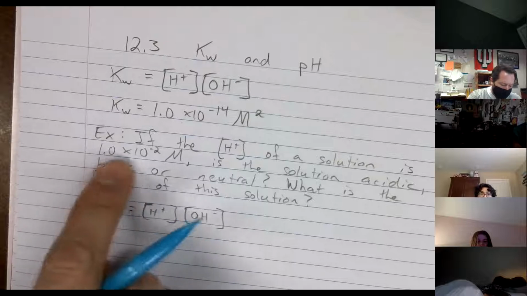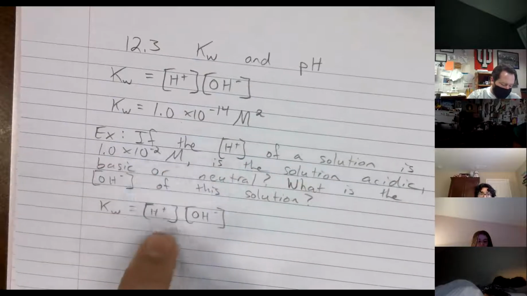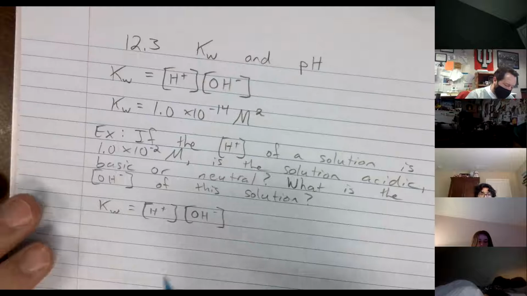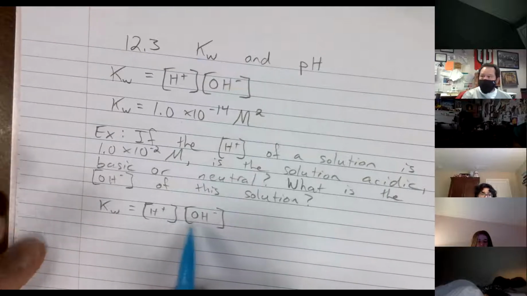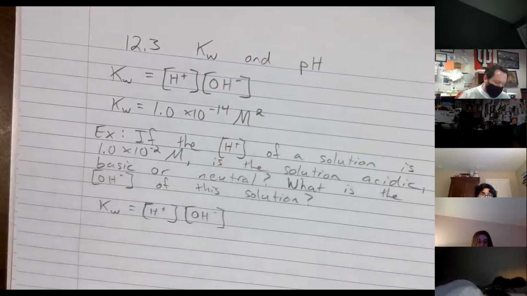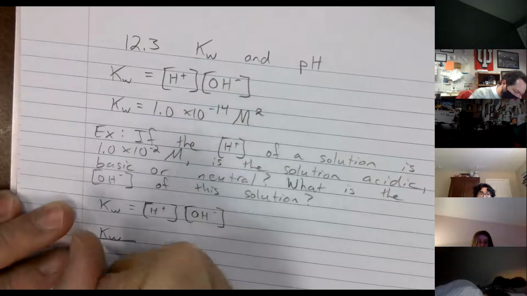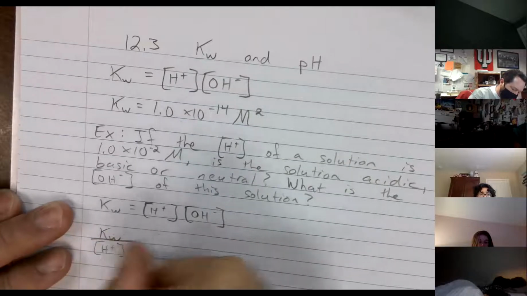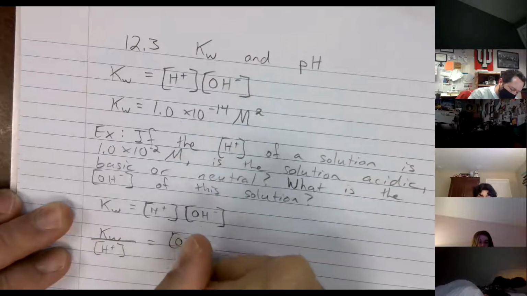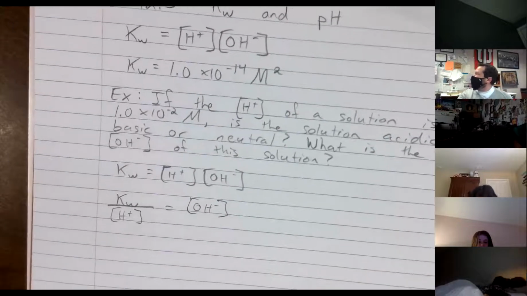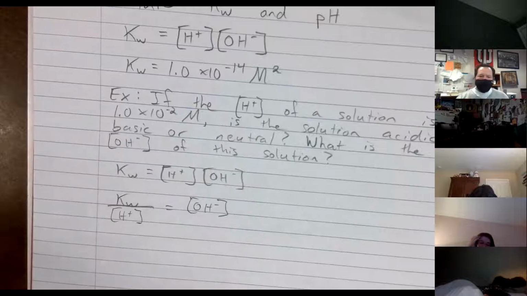And the problem gave us our H plus concentration. So we need to put our hydroxide ion concentration aside by itself. If these two multiply, the opposite of multiply is divide. So I'm going to divide both sides by H plus concentration, and that will give me my hydroxide ion concentration. That's the strategy for this one.